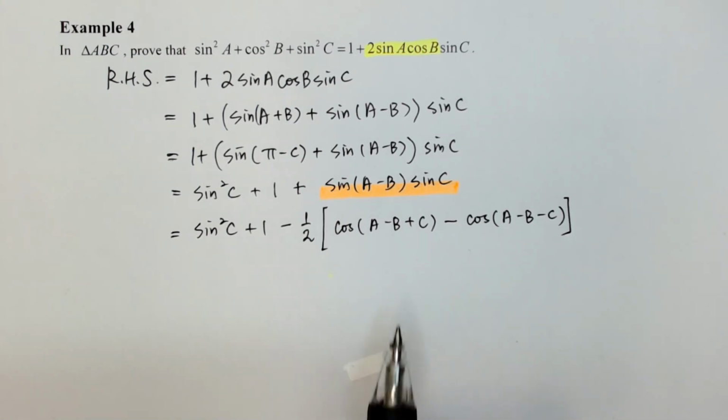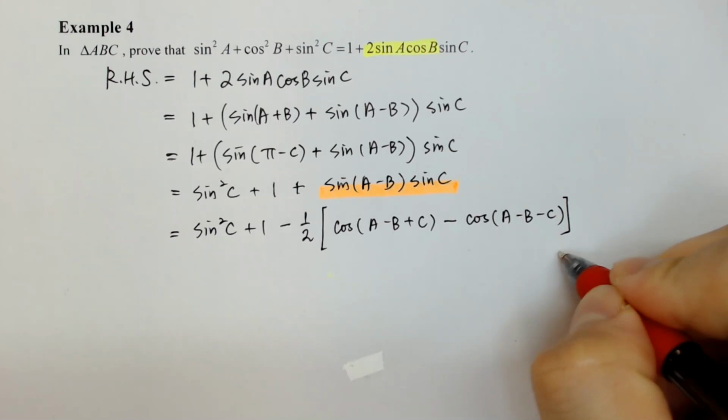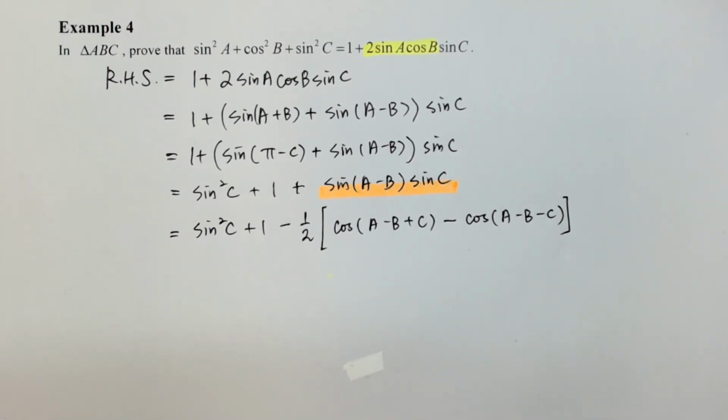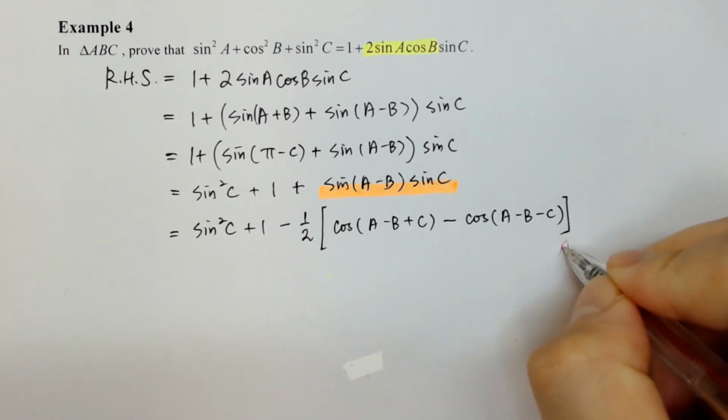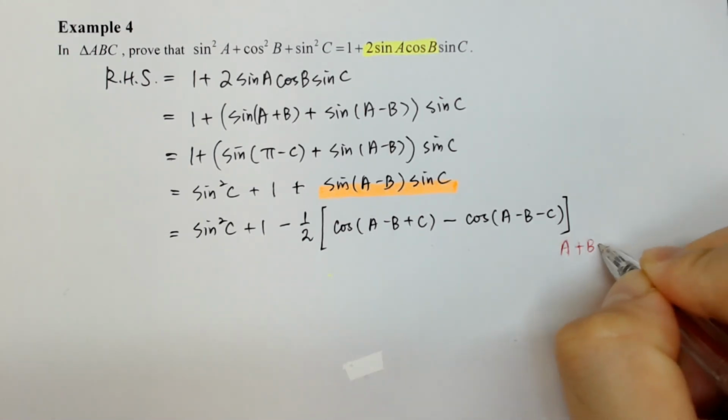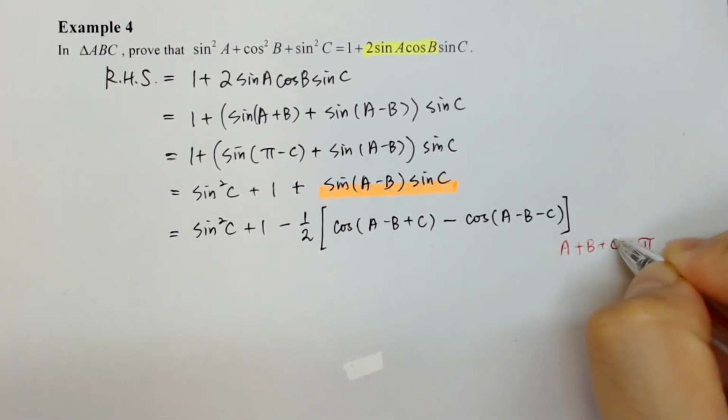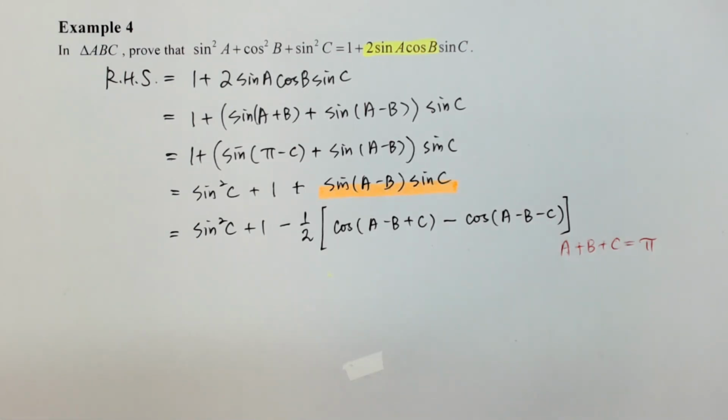Now here, the angle looks a little bit complicated, but we should note that the sum of A, B, and C is special. The sum of A, B, and C is equal to pi because of the angle sum of a triangle.